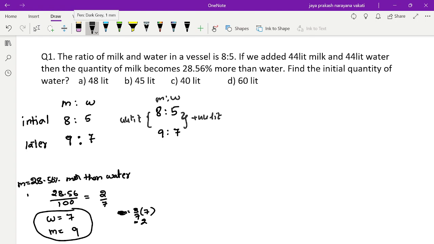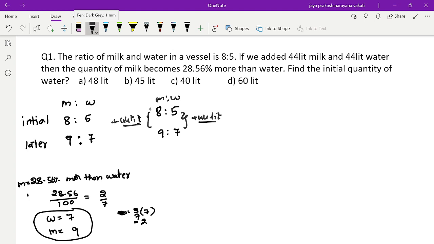Correct? If you observe, both were added by the same number, 44 and 44. But if you look at the vertical difference, milk is 8 to 9, it's only plus 1. 5 to 7, it is plus 2. If the same units have been added, then the rise should also be the same. But here it is not the same in the given ratios.